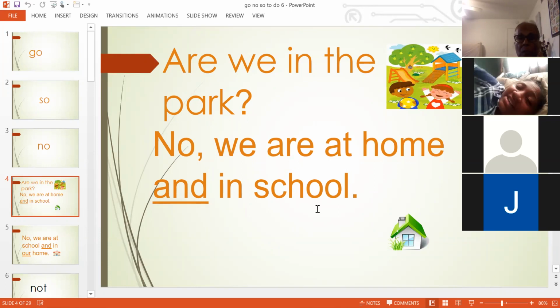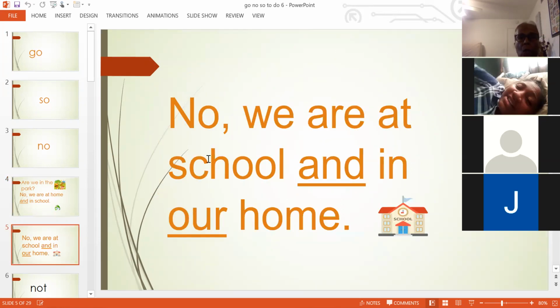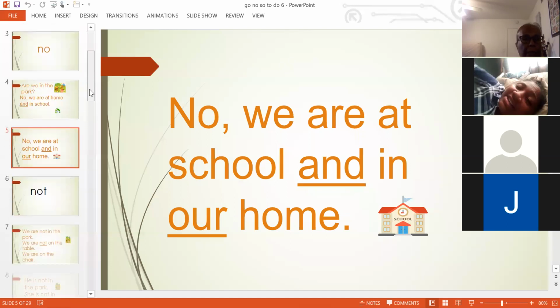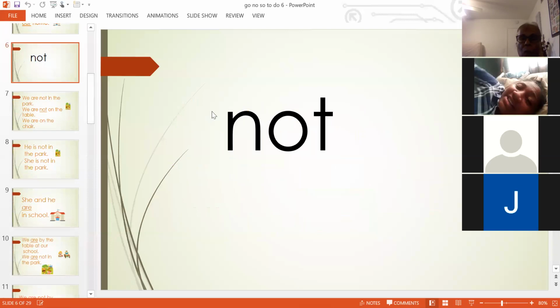Reinforcement and repetition is very, very important in the beginning stages of reading. I have another sentence. No, we are at school and in our home. So again, except school and home, all these other words, the children would have been familiar with already. And then I introduce not.